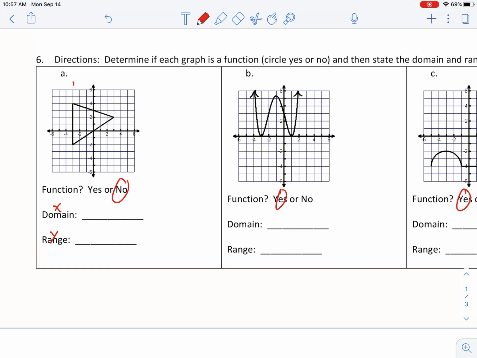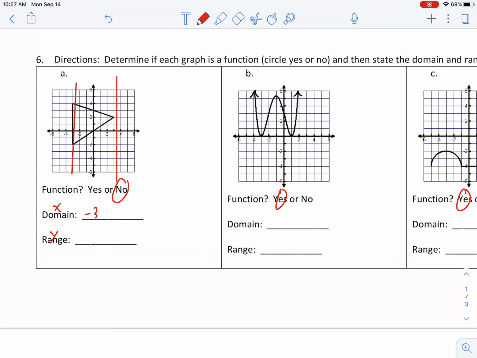So what I've been telling my kids is think of bookends. Does it stop on the left? Does it stop on the right? We read a graph from left to right, and it does stop on the left. It does on the right. There's no arrows there. So from that, my domain is from -3 to +3.